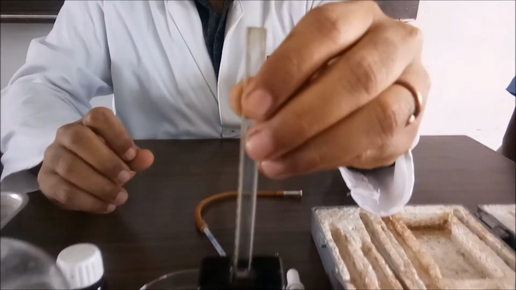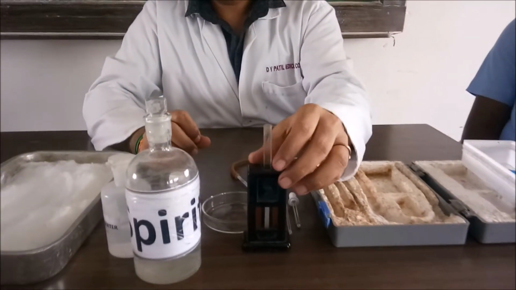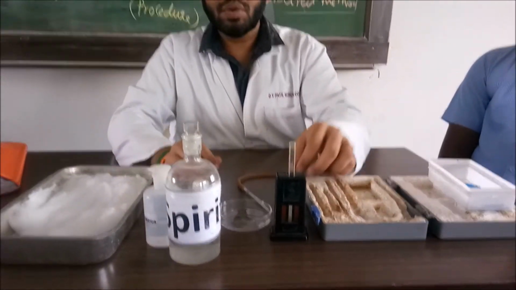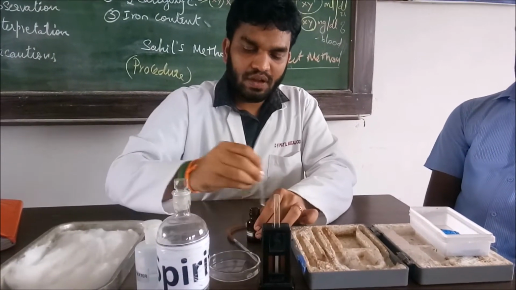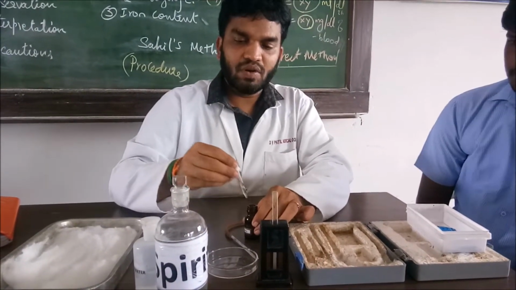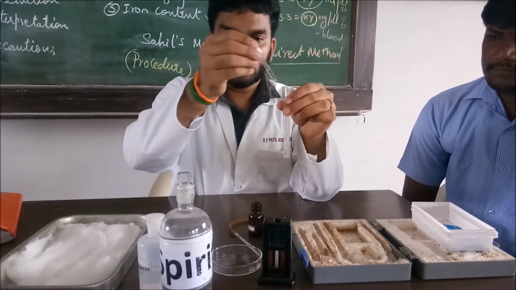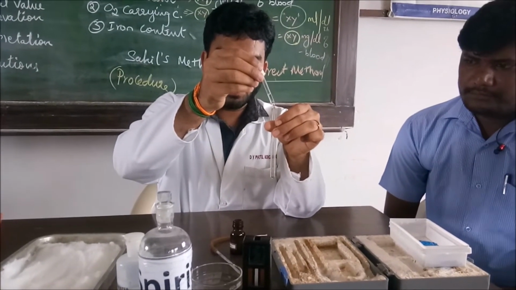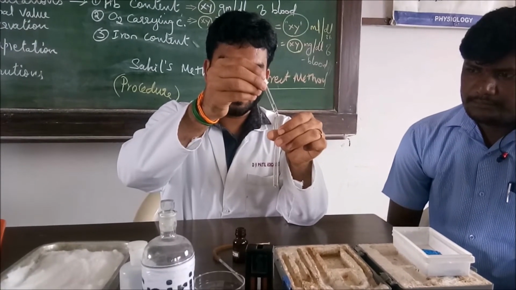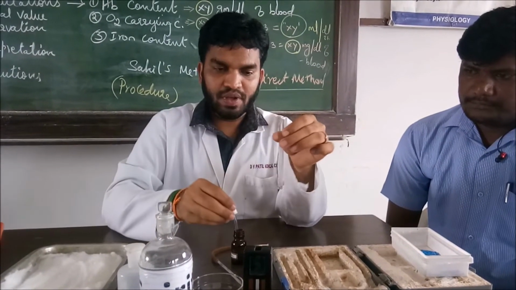Before we start pricking, open the N/10 HCl and transfer a little amount into Sahli's tube. How much do we take? Lowermost, in this tube.